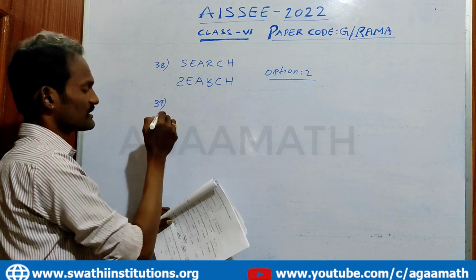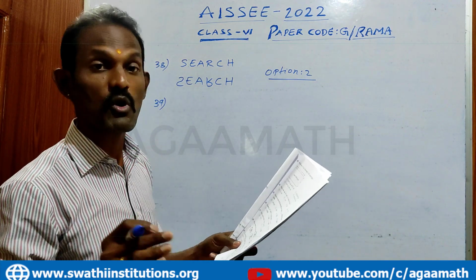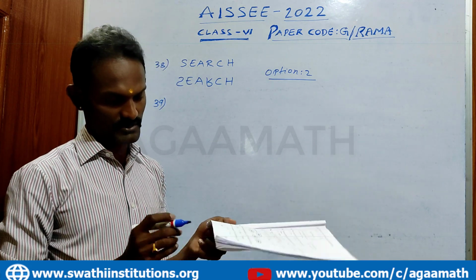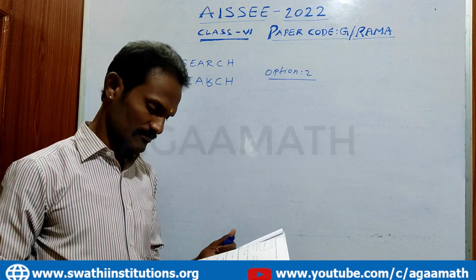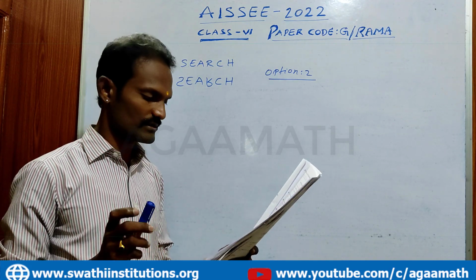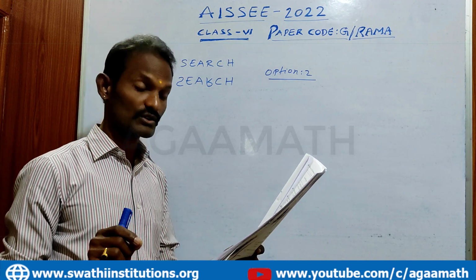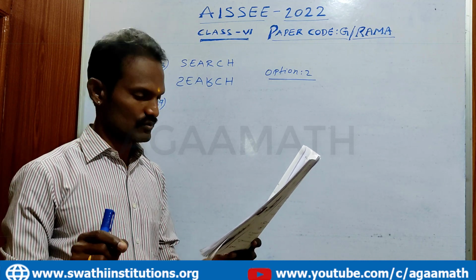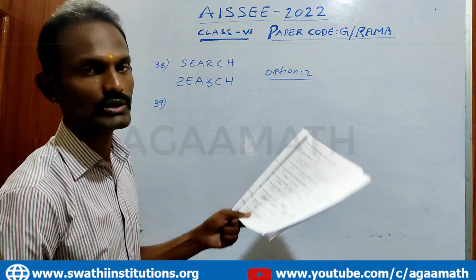Next, 39. Choose the smallest possible 7-digit number that you can form using each of the following digits: 5, 1, 8, 0, 3.